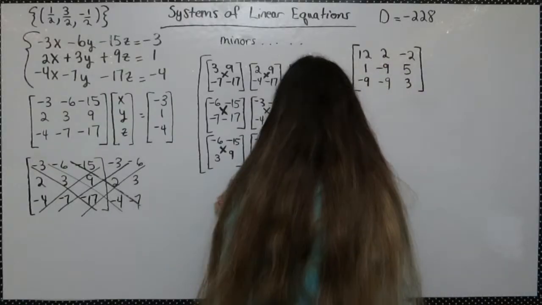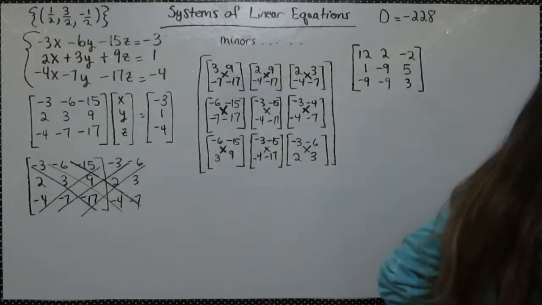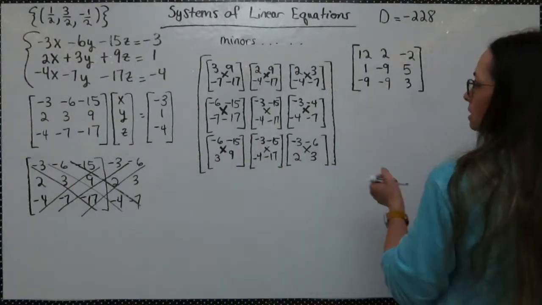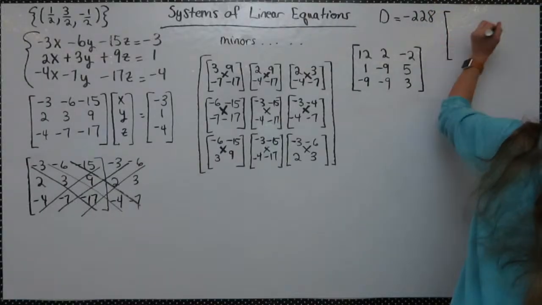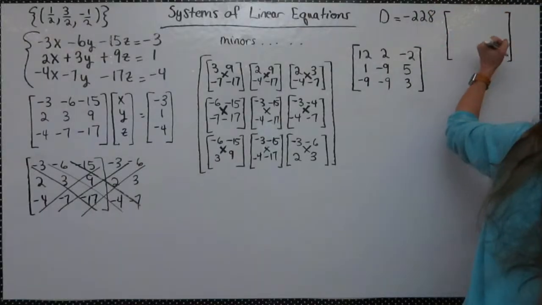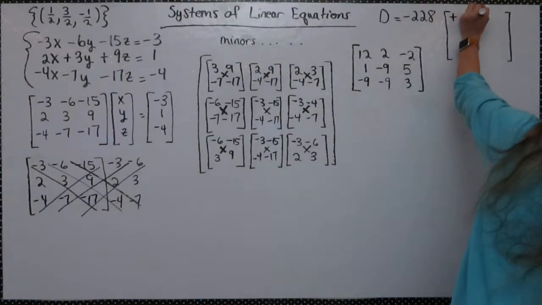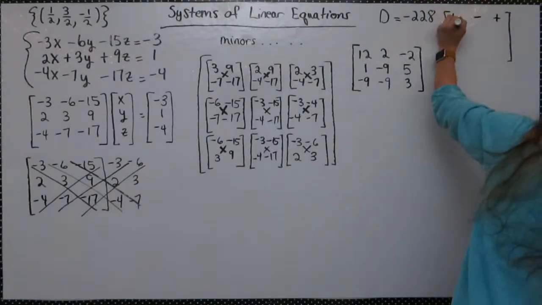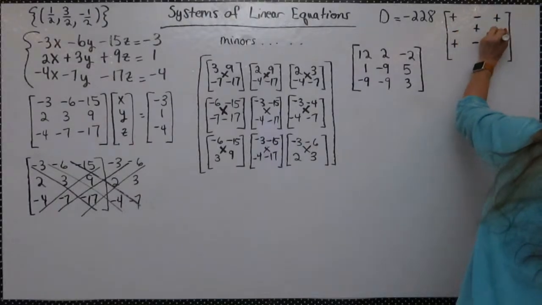I've kind of just memorized the pattern so that I can write it out quickly for my students. But if you want to know how these are found, then I'll show you sometime. It's kind of lengthy. Plus, minus, plus, minus, plus, minus, plus, minus, plus.